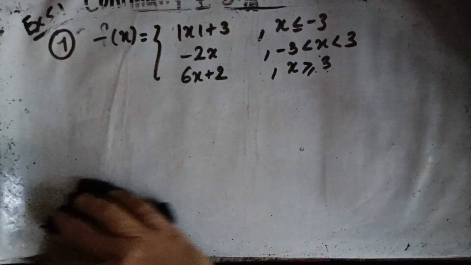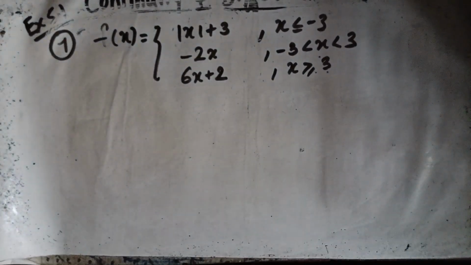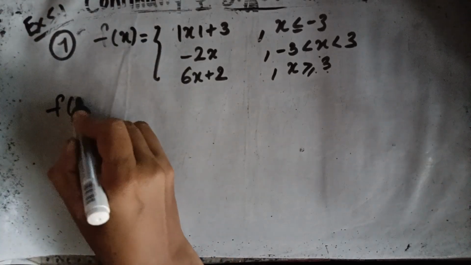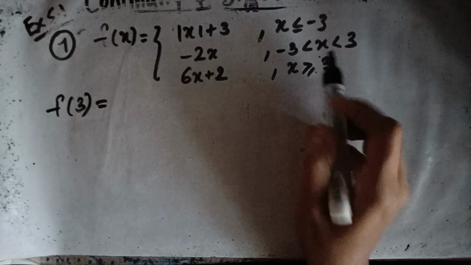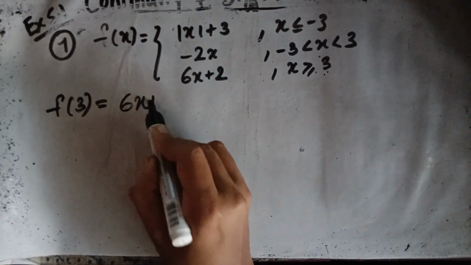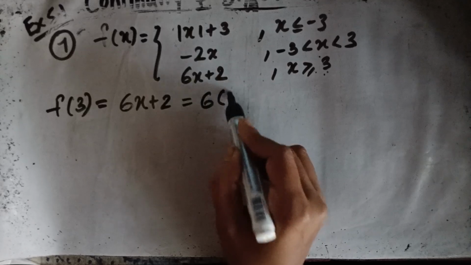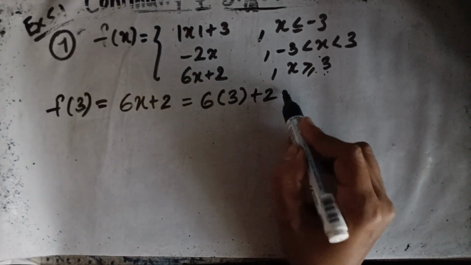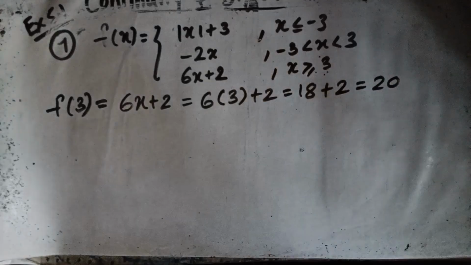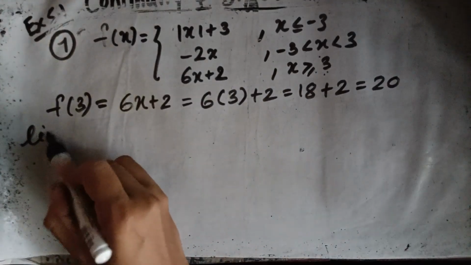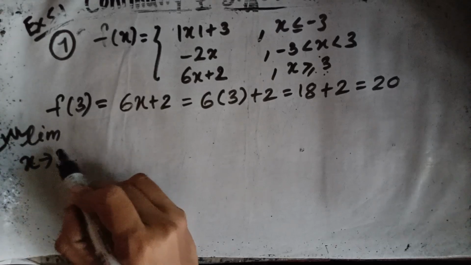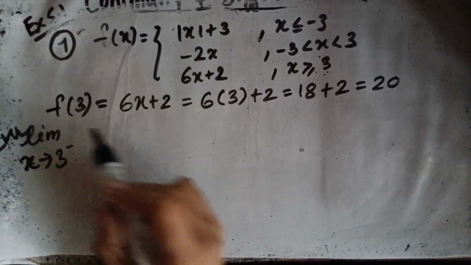Then we have to check for x equal to 3. So first I'll write at x equal to 3. For x equal to 3, you have to take this function 6x plus 2. Then the limit as x tending to 3 minus is the LHL.